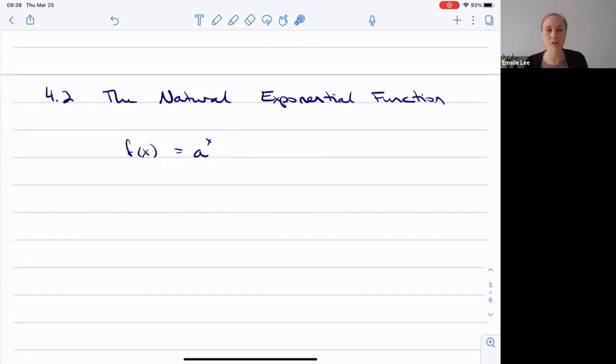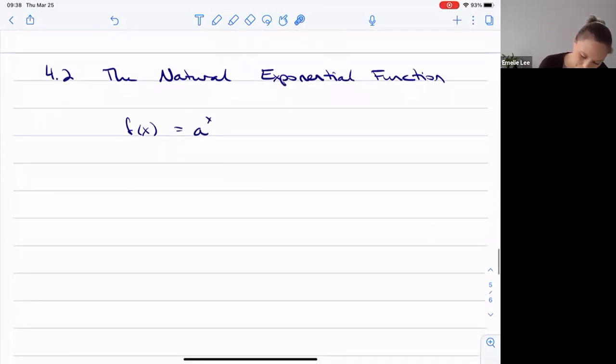Now, the natural exponential function is no different. It's just a special case where a, the base, is e, which is Euler's constant, which you don't need to remember, but it's an irrational number, just like pi, kind of not as well known. Depending on your field of study, you use it a lot.